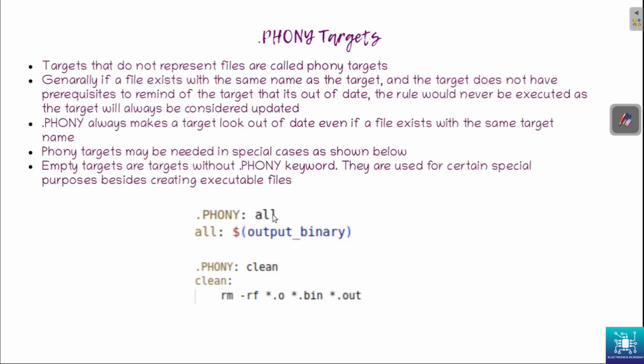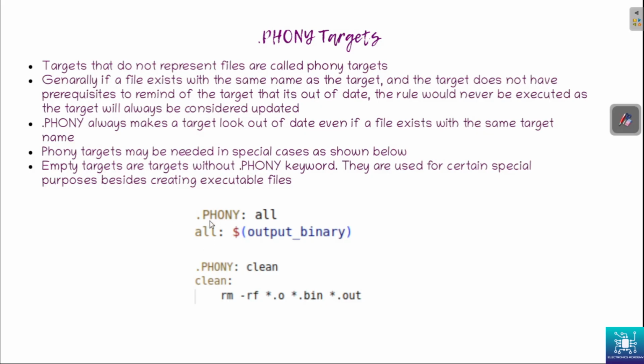So it starts from all, but suppose we have a file named all in the directory. We said in the initial stages of the Makefile slides that if the targets are not file names, it will not be able to discern between the versions of the particular files.